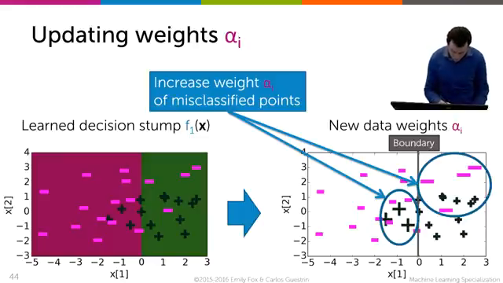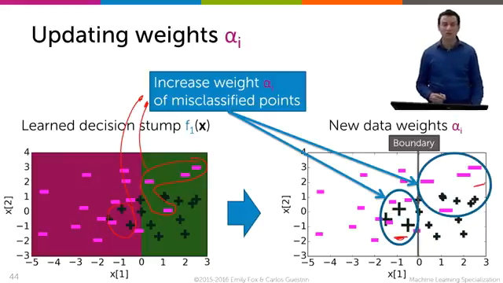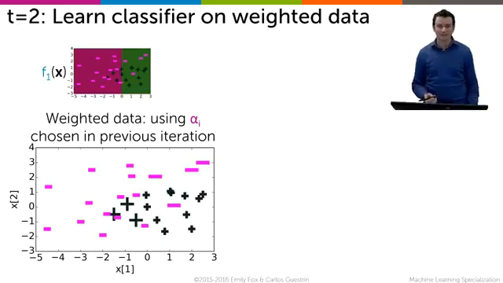So if you look at the data points here on the left, there were mistakes. So the minus on this side and this plus is over here. They were places where we made mistakes. So we increased their weight and we decreased the weight of everybody else. And we see that the pluses here became bigger and the minuses in this region became larger. So that's how we update our weights.